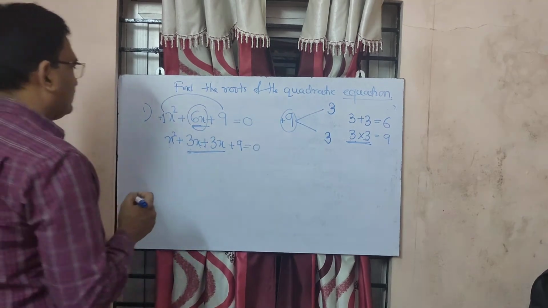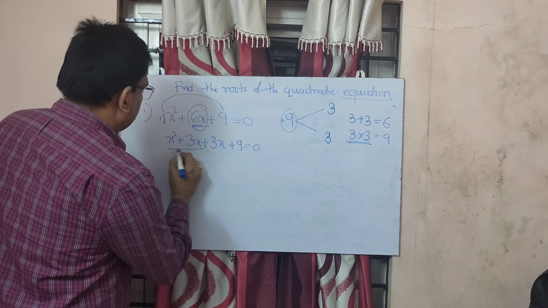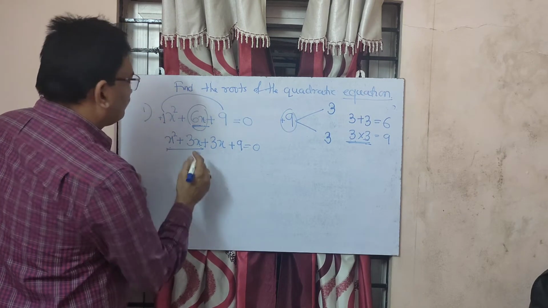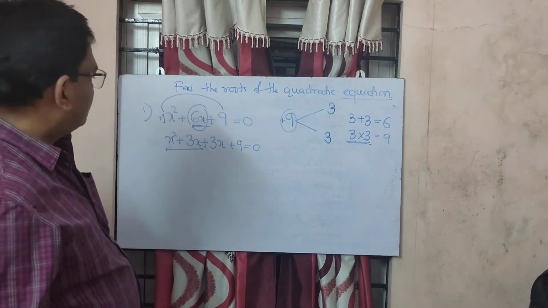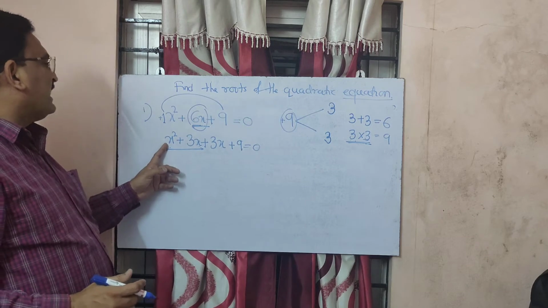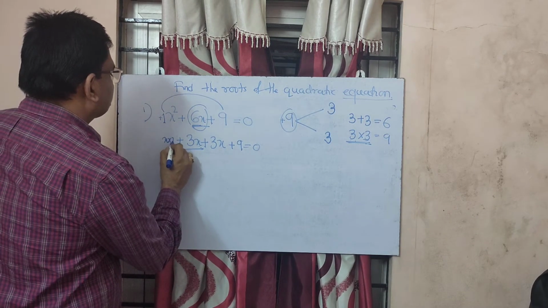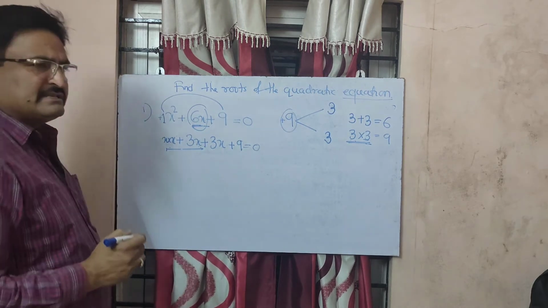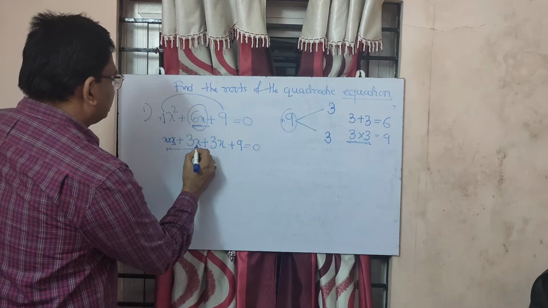Now, consider this and this term. Do you find any common variable here? Yes. Here it is x square. x square means x into x. So here it is x, here it is x.